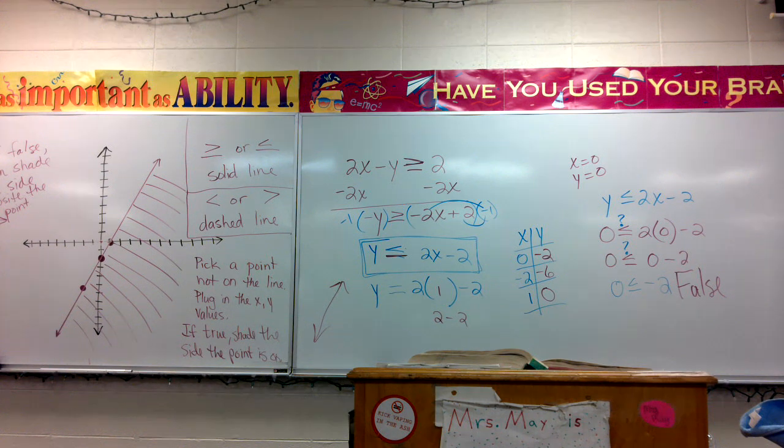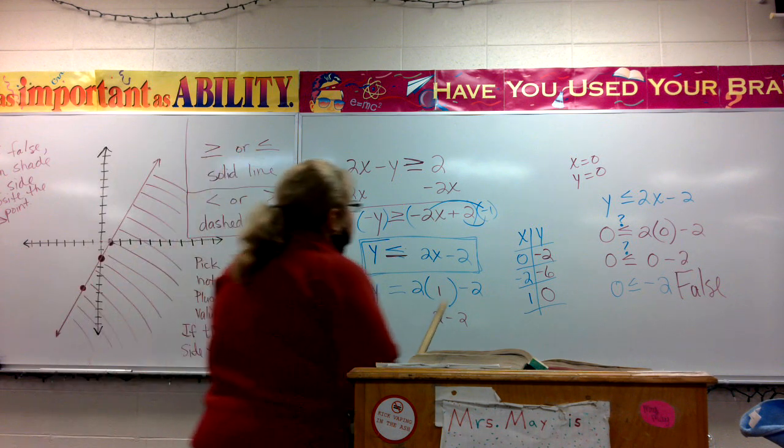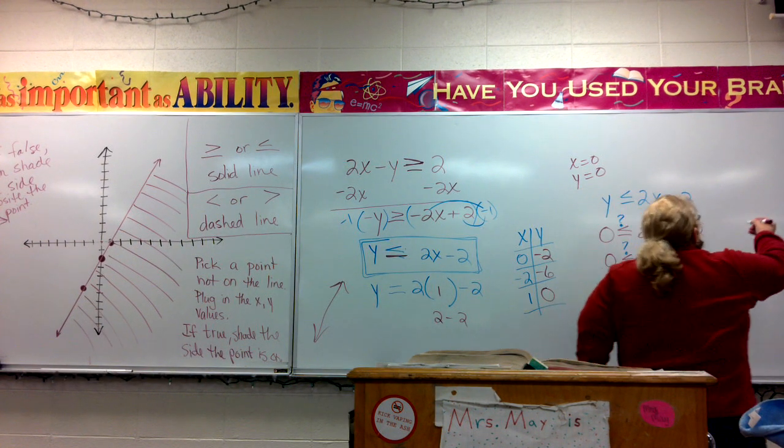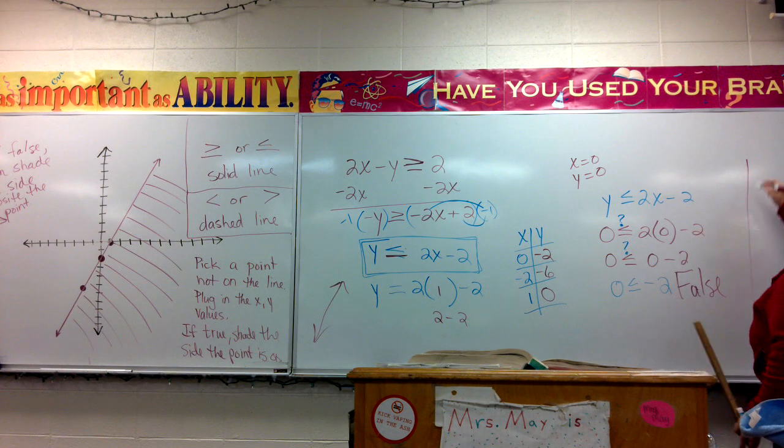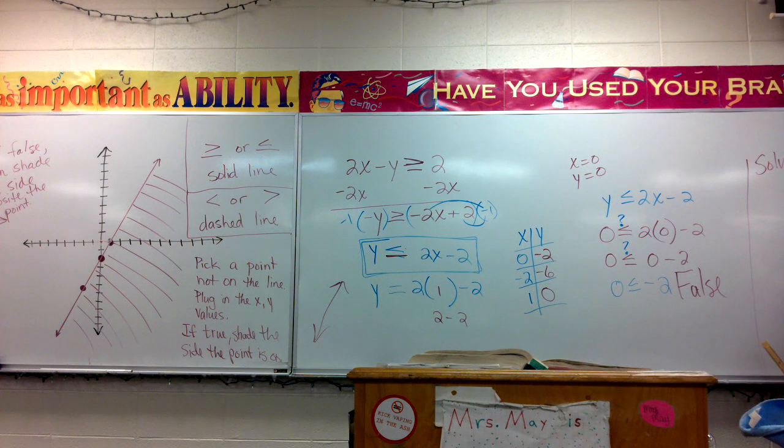Now, there's going to be somewhere you do this. Remember when we solved the system and we did like 2x plus y equals 7 and y take away 3 equals x? Remember when we solved those?